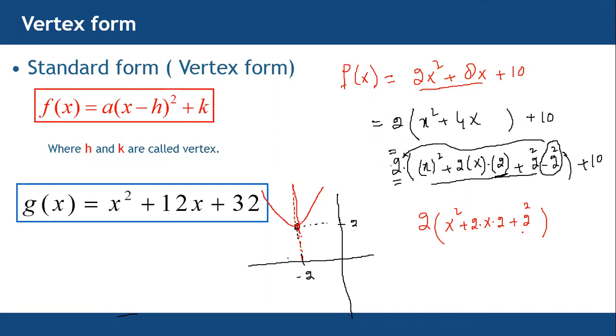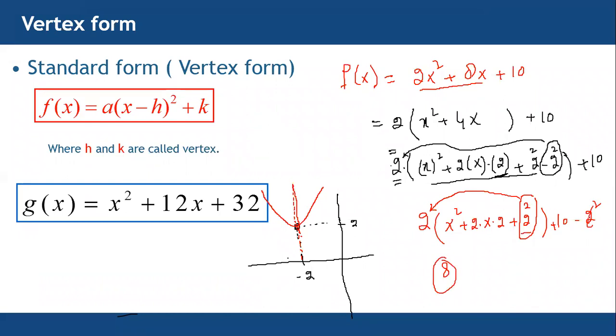Correct? We add 2 square inside, and outside we have plus 10. So then I cannot write here minus 2 square. Why? Because this is not 2 square. Actually, this is 2 square multiplied with 2. It means this is 8.